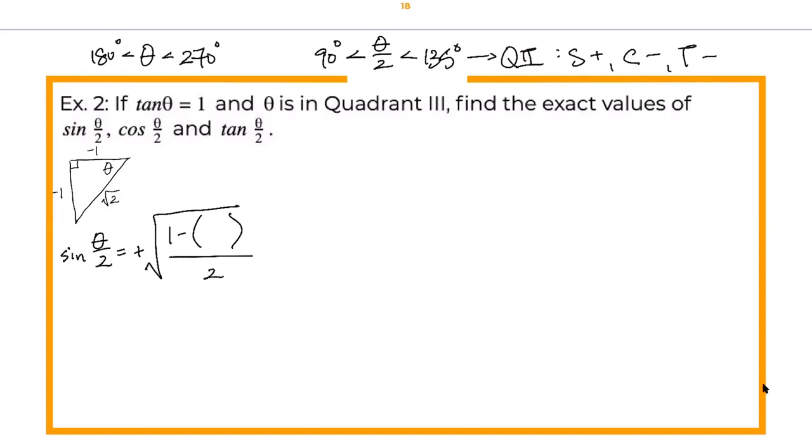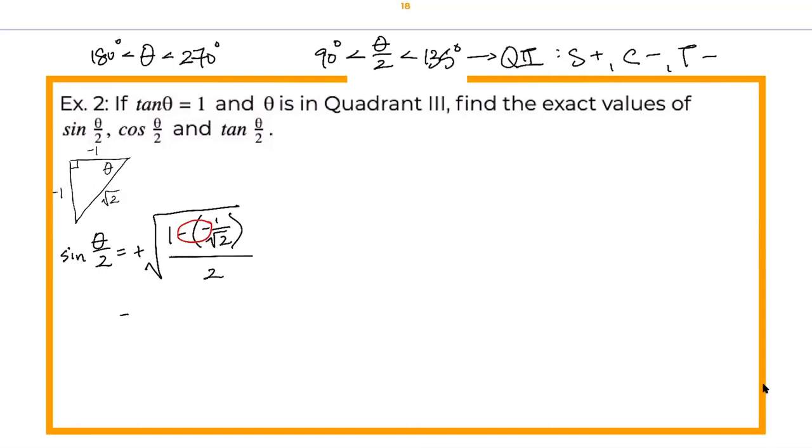Very nice. You'll notice that I put parentheses around that. The reason I did that is because I don't want us to miss this sign situation, that a negative is going to make it positive, okay?